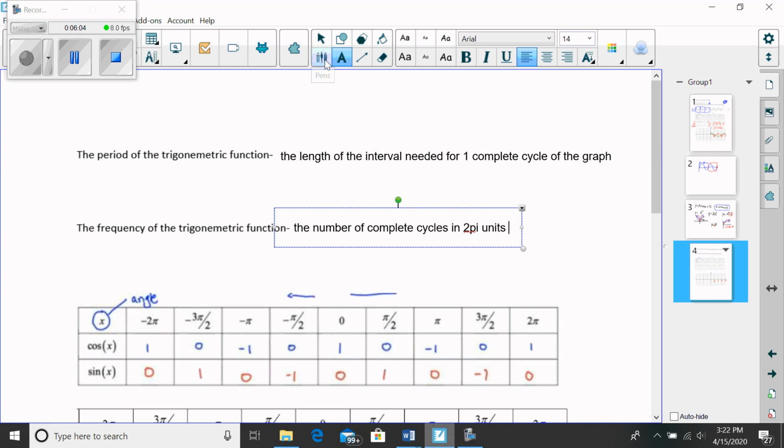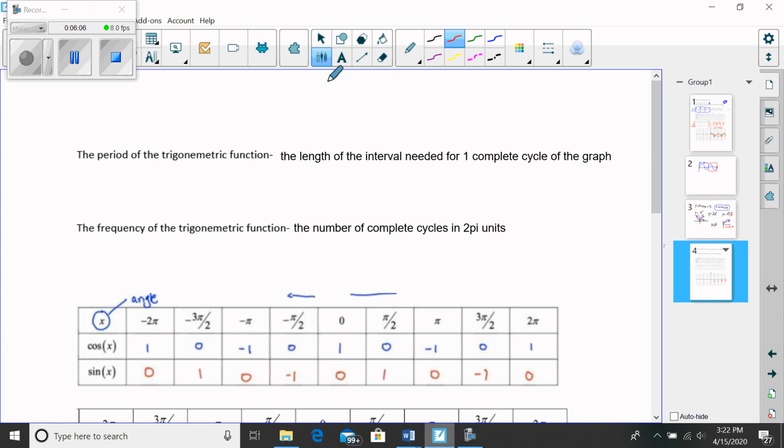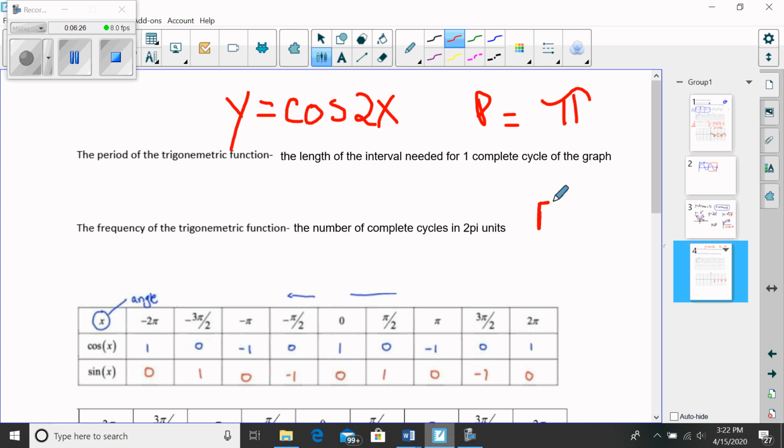So for this function that we just graphed, y equals cosine of 2x, in this case, the period of the graph, I'm going to call it p, the period would be pi, and then the frequency would be 2.